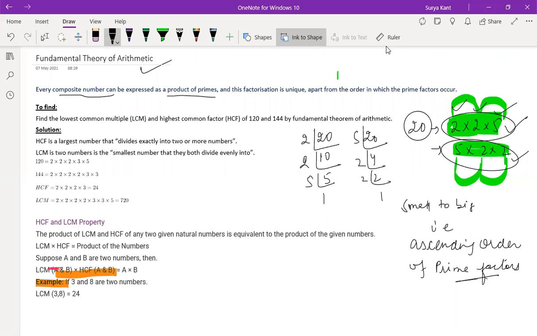The product of primes will be exactly the same. So this is nothing but the fundamental theorem of arithmetic: every composite number can be expressed as a product of primes, and this factorization is unique.